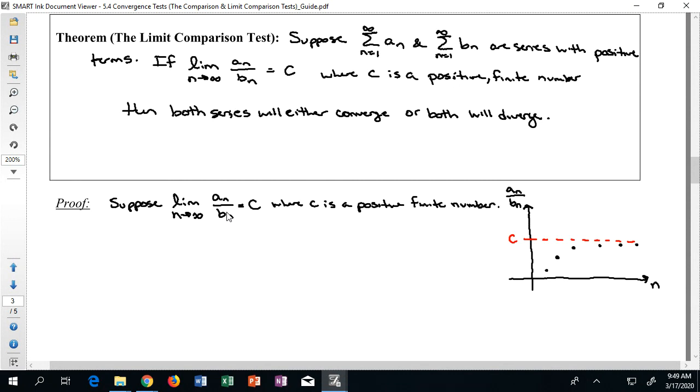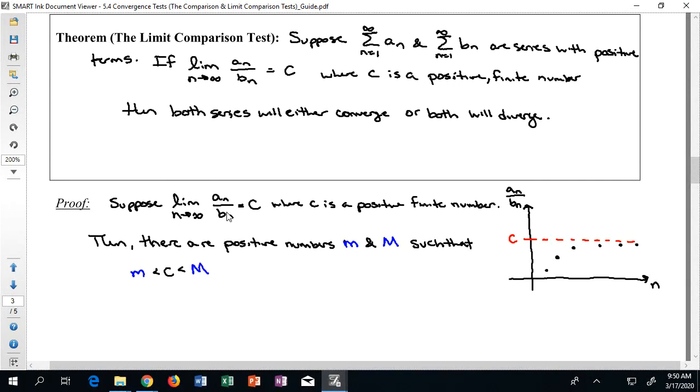Well, I think I could make a couple additional arguments. Here's what I could also say. Then there are positive numbers, I'll call them little m and capital M, such that this value of C could fall between these two values.